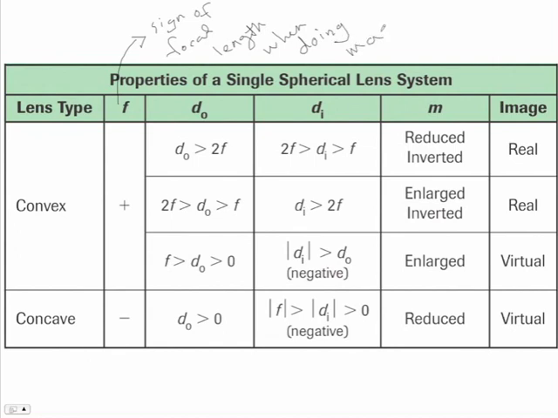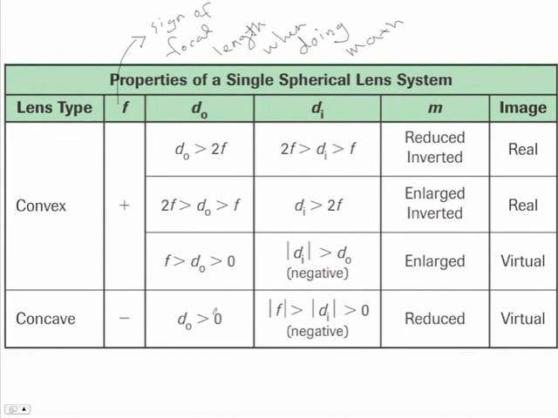So for convex, it will always be positive, and for concave, it'll always be negative. And you can see there's a couple different things that can happen with a convex lens, depending on the location of the object relative to the focal length.